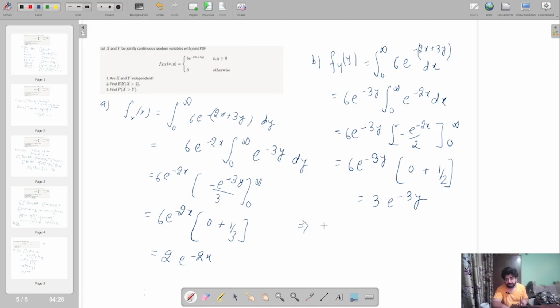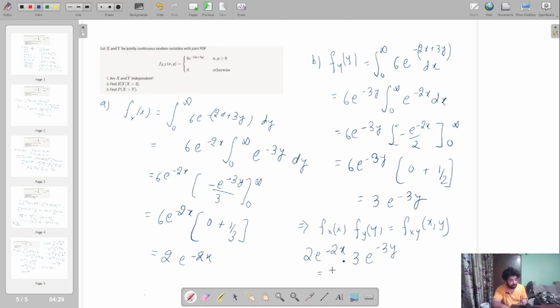So I'll just write down f(x) and f(y). This should equal f(x,y) in order to find out if they are actually independent or dependent. If this is equal, they are independent, otherwise they are dependent. So I can write 2 e to the power minus 2x here, and 3 e to the power minus 3y.